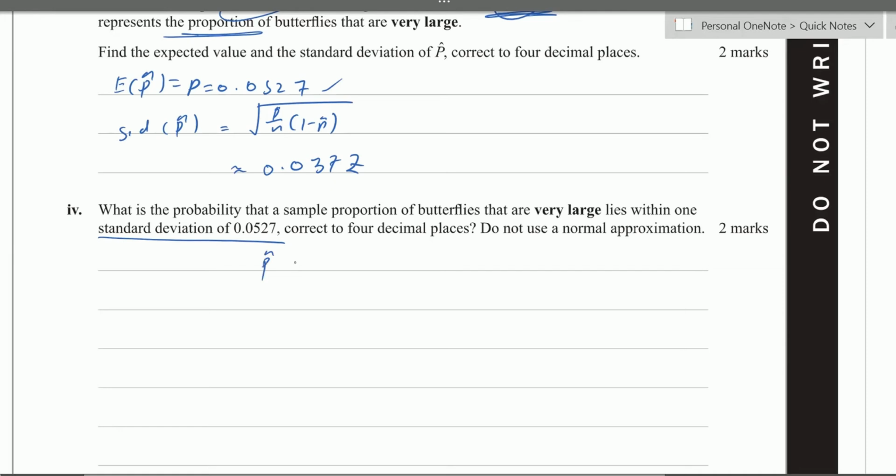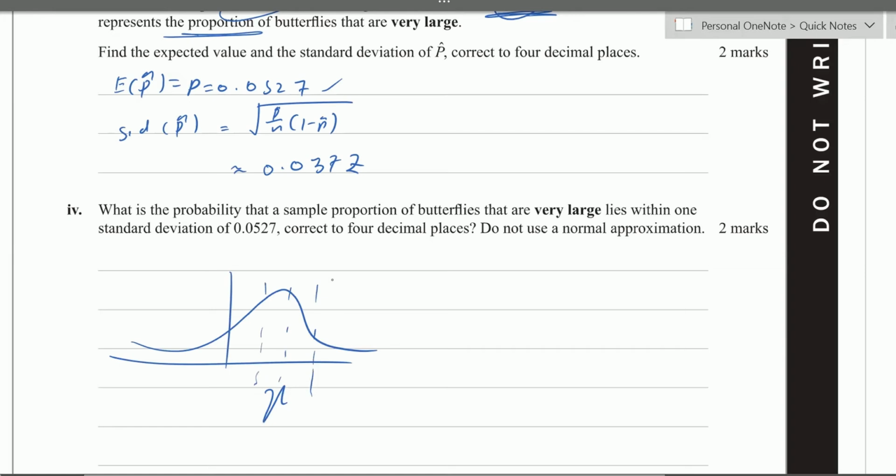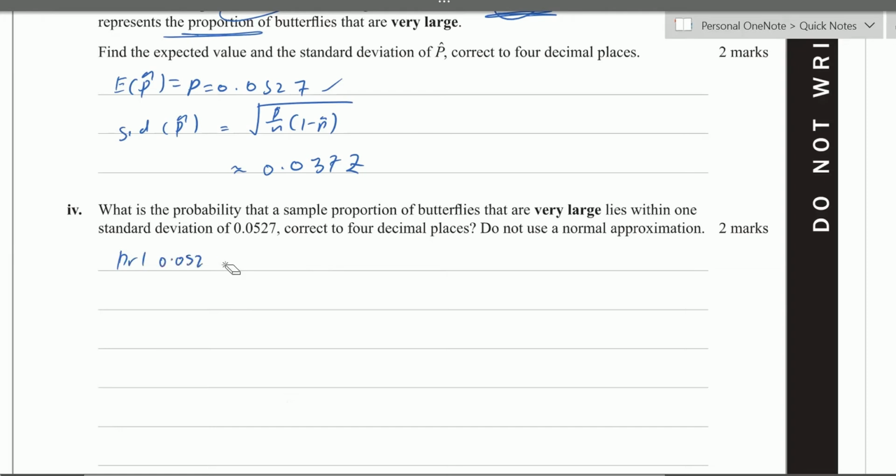So within one standard deviation means P is between, like you know, in your normal distribution graphs, how you have your mean. So this is asking what's the probability that it's 1 sigma to the right or 1 sigma to the left. So this whole area. So it's asking what's the probability that P is between 0.0527 minus sigma P hat and then plus sigma.